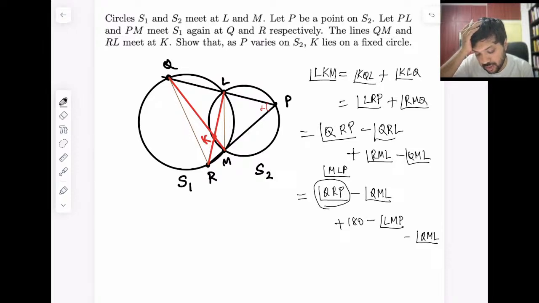I think you can use complex numbers. Oh, maybe you can. It's complex bash. Can you? This S1 circle can get messy.